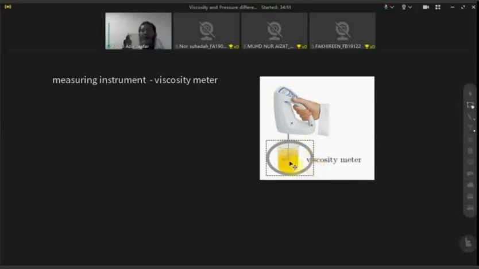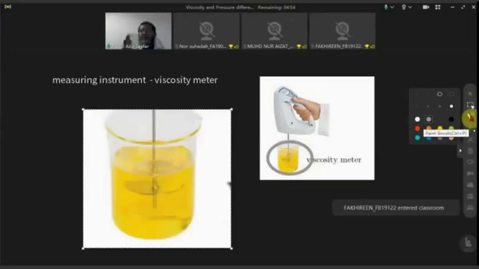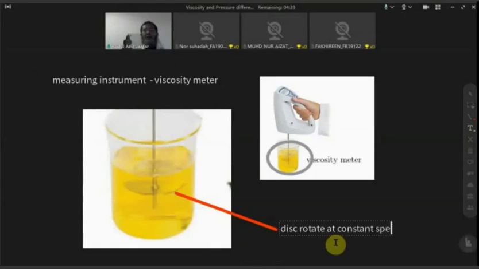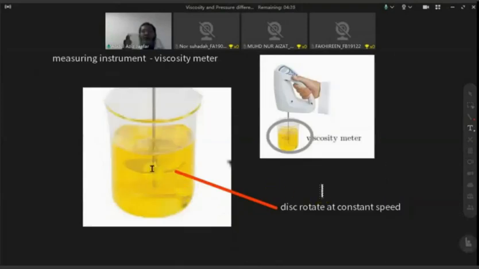So if you magnify the beaker, you can clearly see the very thin disc that we use to provide the motion inside the fluid. So normally the disc rotates at constant speed when we set the speed, let's say for a certain angular velocity, right?